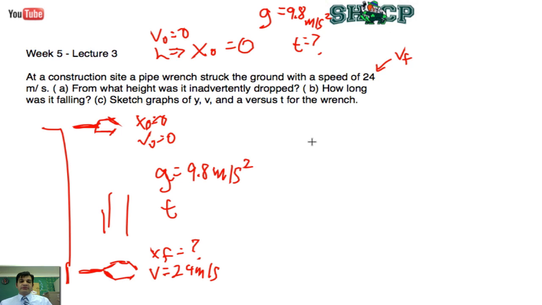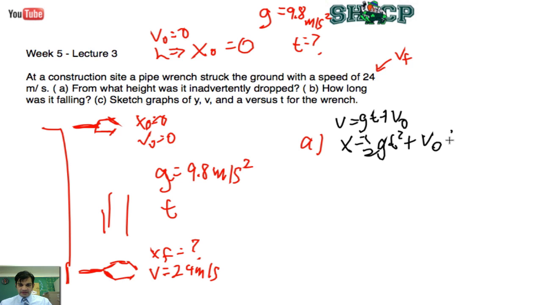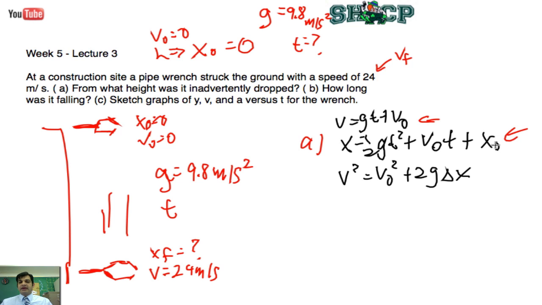So it says from what height was it dropped? Well, here's the deal. When I look at my equations, I have V equals GT plus V naught. X equals 1/2 GT squared plus V naught T plus X naught. And I have V squared equals V naught squared plus 2G delta X. The first two equations have time, but in the problem, I don't have time.